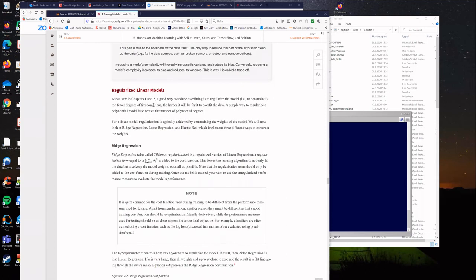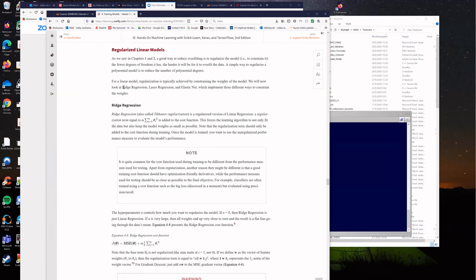One way to reduce the overfitting is to regularize the model. So there is some term that is added to the cost function. And there are ridge regression, lasso regression, and elastic net, which is a combination of these two.